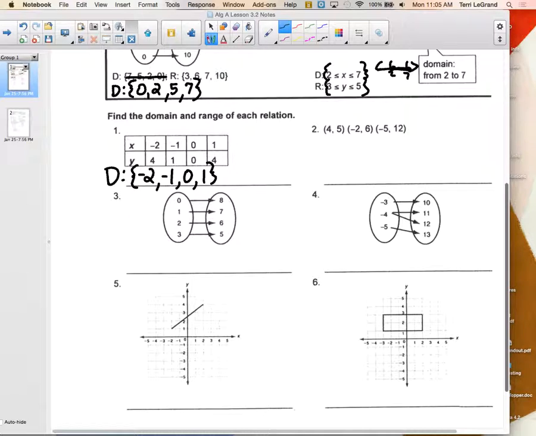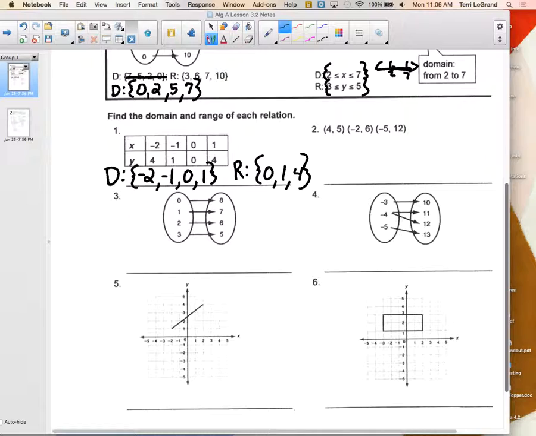Y'all agree? Can we go with that one? Okay. How about the range? Aurora, what would the range be? Numerical order, least to greatest. Another hint, no repeats. 0, 1, 4. Okay, good. 0, 1, 4. Least to greatest, no repeats needed.